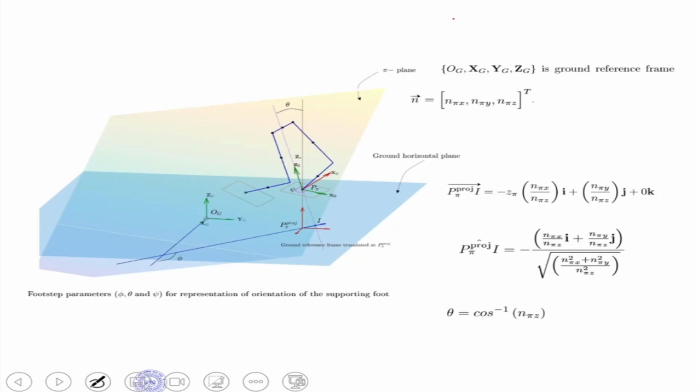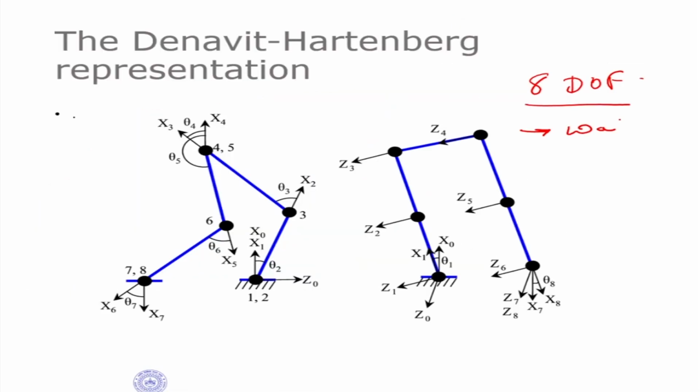Okay, so please note that 8 degrees of freedom can only walk straight, and number 2, it can walk straight and cannot turn and cannot go on 3D terrain.